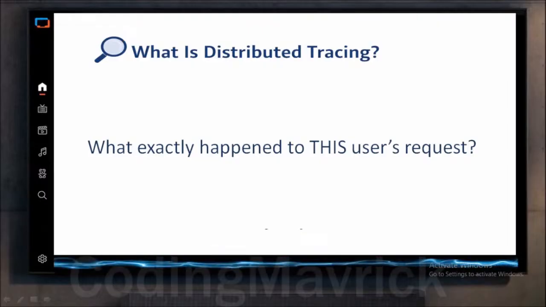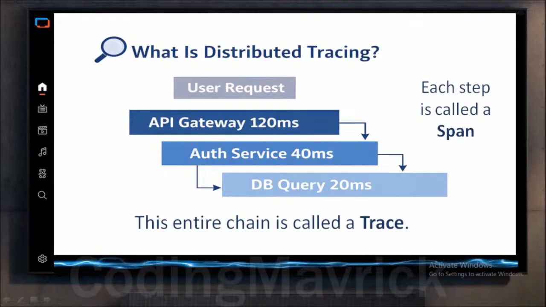For example, we can see something like the API gateway took 120 milliseconds, the authentication service took 40 milliseconds, the database took 20 milliseconds, the order service took 60 milliseconds, and the payment API took 45 milliseconds. This entire journey is called a trace, and each individual step in that journey is called a span. So a trace is the full story and spans are chapters of that story.